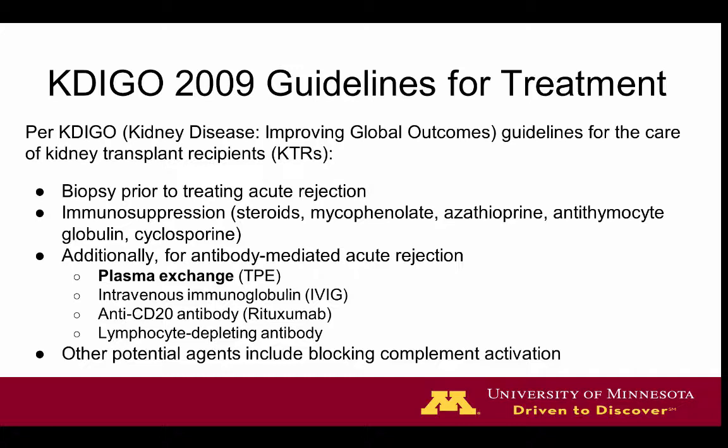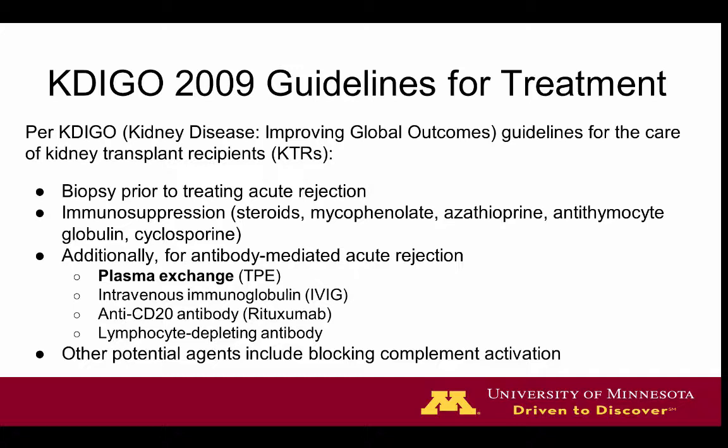Of note, the rituximab, which is an anti-CD20 antibody, seems like it wouldn't work because the idea is that these donor-specific antibodies are produced by some long-living plasma cells, and these cells are not CD20 positive, so it doesn't really make sense how this rituximab works in treating this antibody production, as it doesn't eliminate the plasma cells at all.